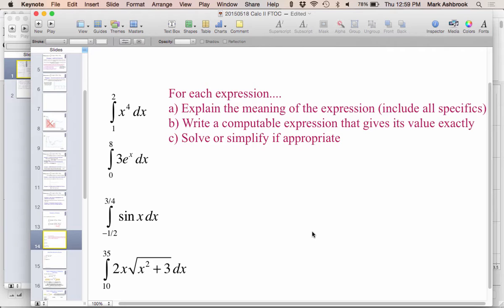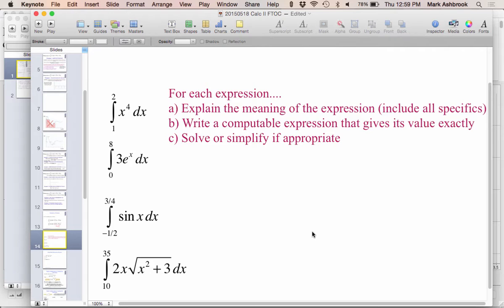So in that equivalence statement where you have the quantity function, you do final minus initial, the advantage is it's generating that value. So we're going to write a computable expression that gives the value exactly, and then solve or simplify if appropriate. Okay, so there's going to be lots of talking here because you're practicing expressing the meanings of these expressions.